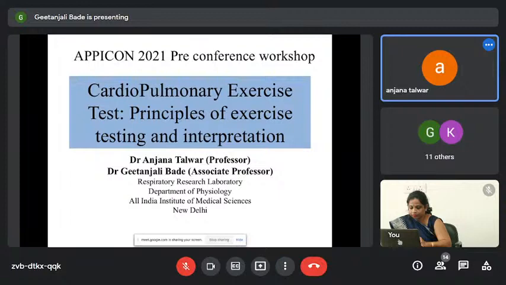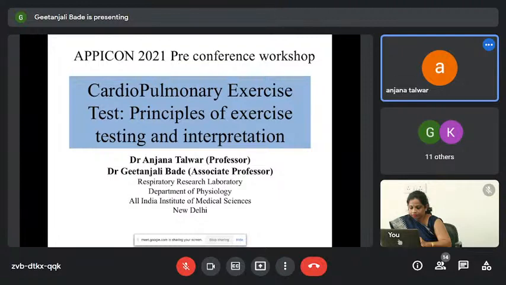Resting pulmonary and cardiac function cannot give information regarding the full functional capacity of an individual, and how our body will respond when subjected to stress or increased activity as in exercise cannot be assessed by the resting function. So in order to assess that, the exercise needs to be done.